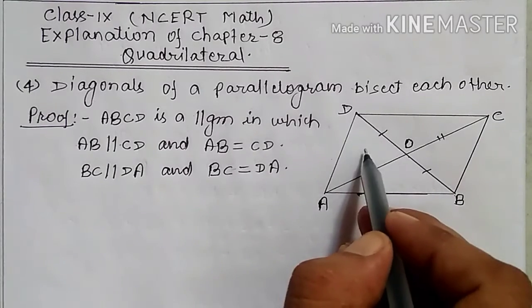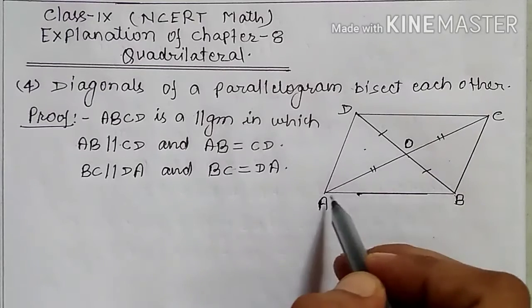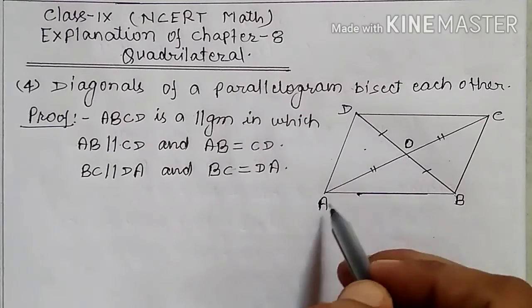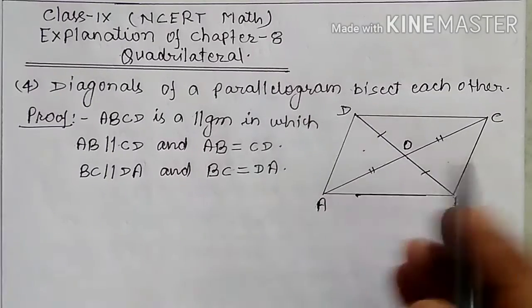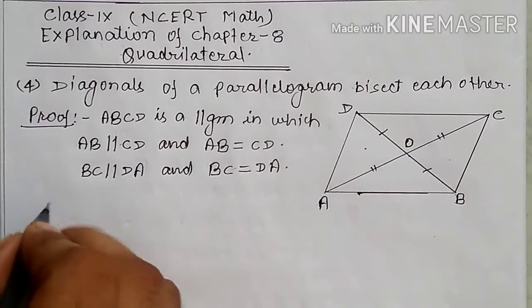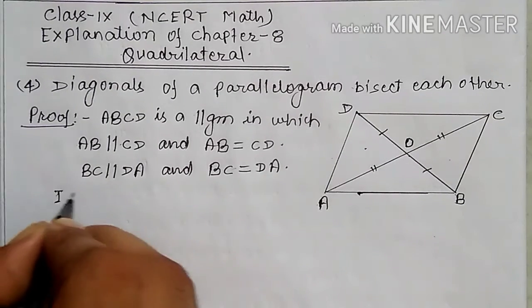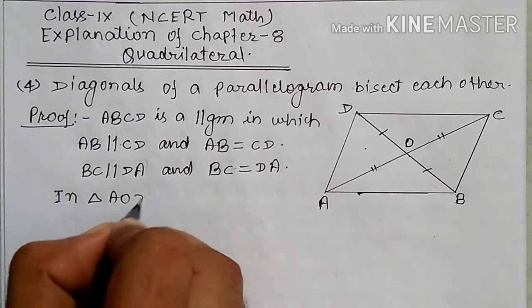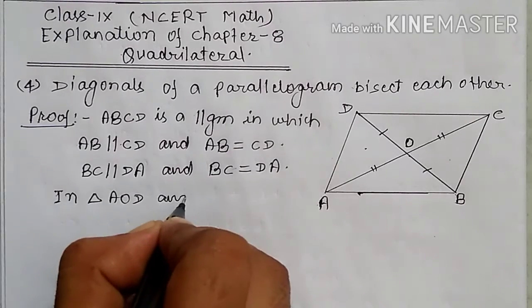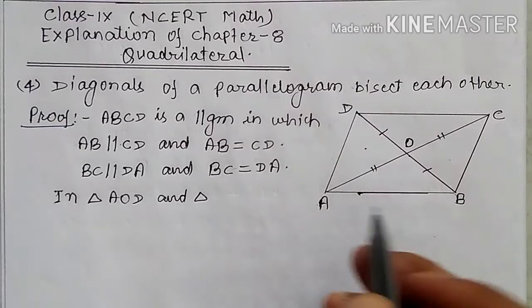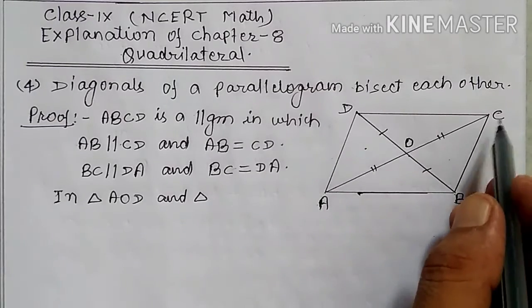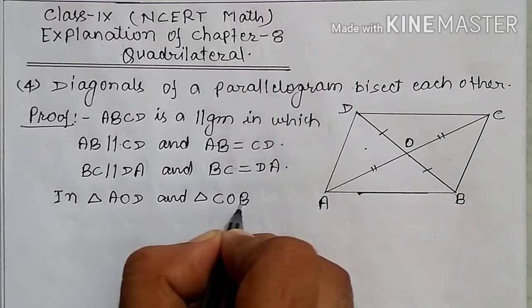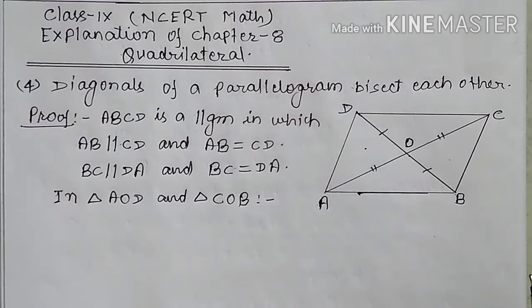So from these two triangles, triangle AOD and triangle COB, what is given?